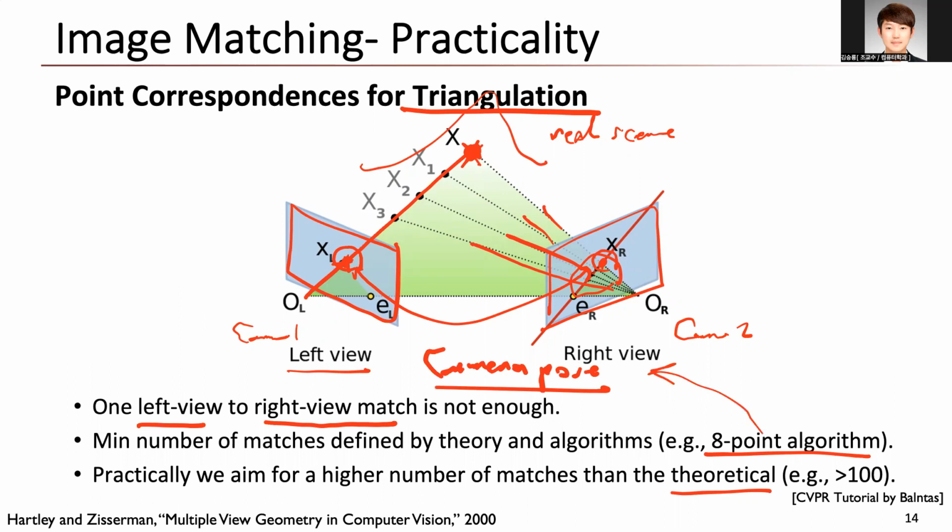But in practice, we aim to establish a higher number of matches than theoretical, for example larger than 100. So that's one way to use the correspondences, the corresponding pixels in the images, to recover the 3D structure or the camera pose.